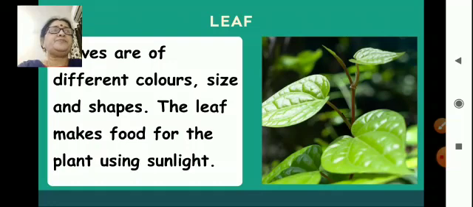Leaf. Leaves are of different shapes, colors and sizes. The leaf makes food for the plant using sunlight.